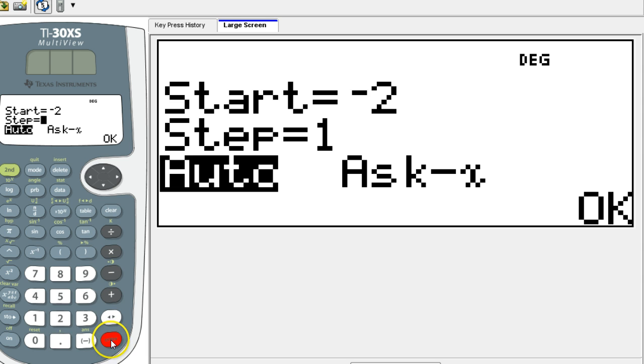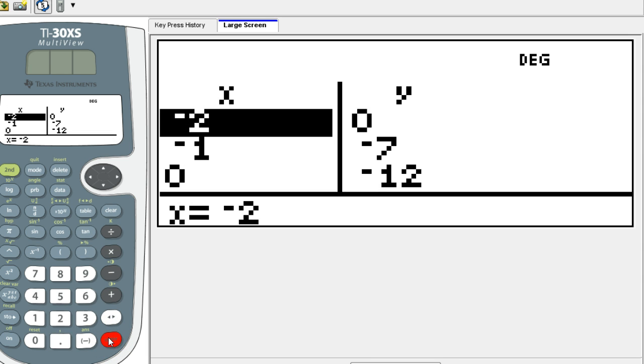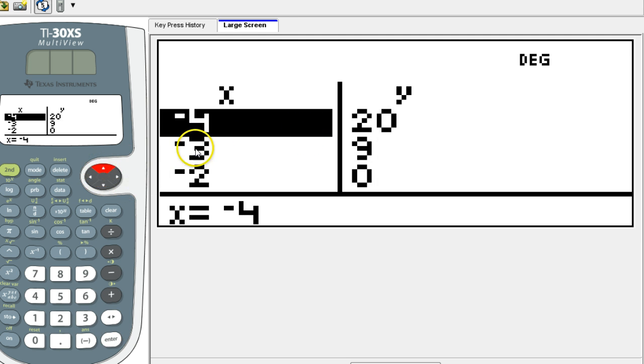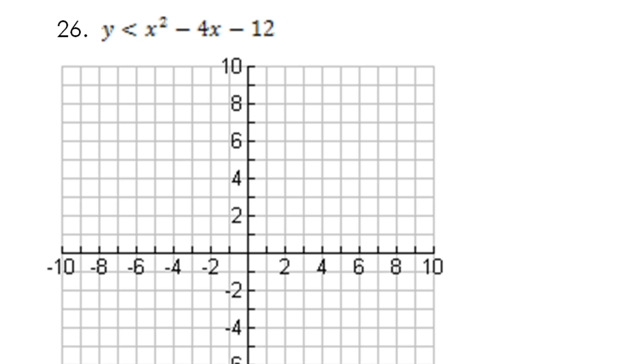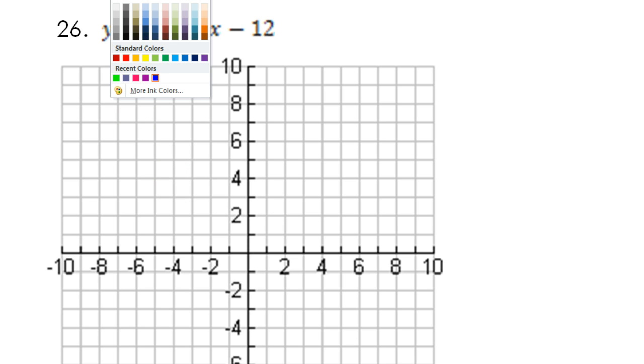Just hit enter until you get it going. I usually just scroll up, looking for whatever values will fit. I know my graph only goes up to 10. So here I have -3, 9. That's as far as it'll go, so I'm going to just graph that right off the calculator.